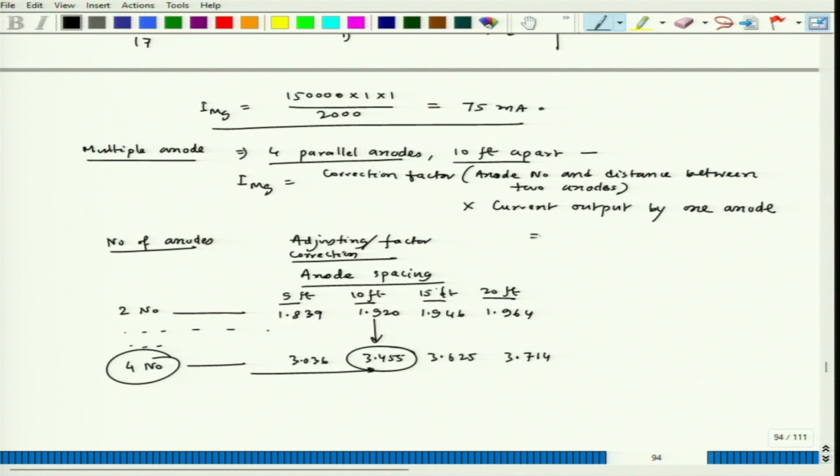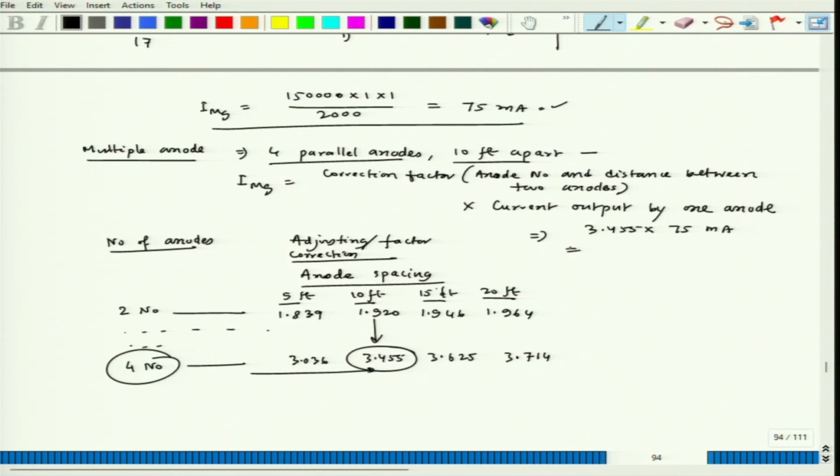Now in this equation we can put in 3.455 into, as we have already calculated for magnesium with that condition, 75 milliampere.